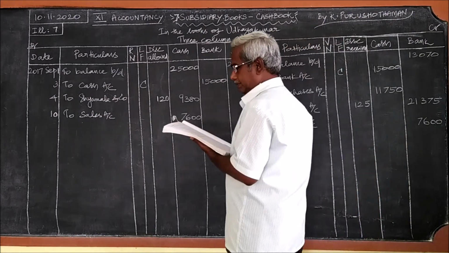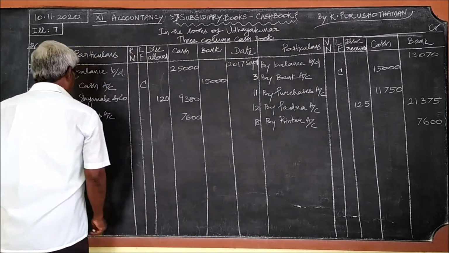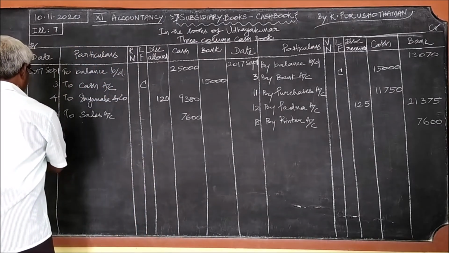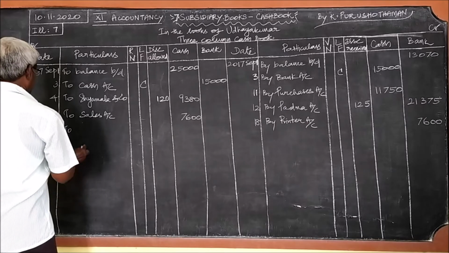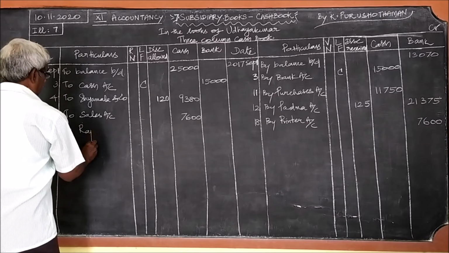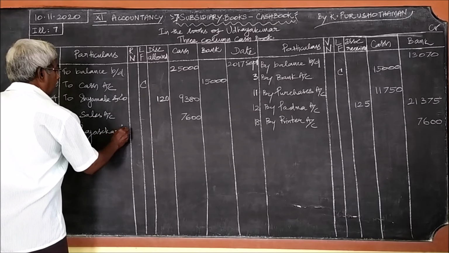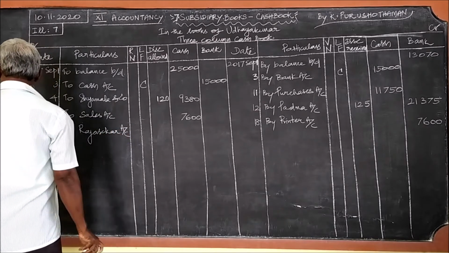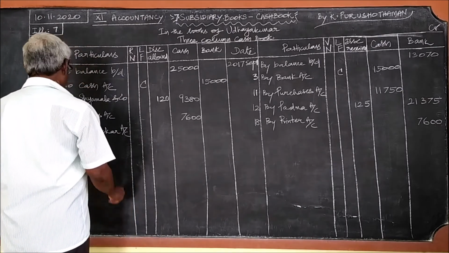Then next one, received cash from Rajasekhar. 23rd, received cash, to Rajasekhar account, 14,320.